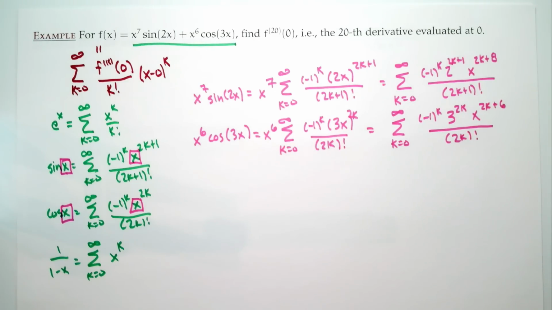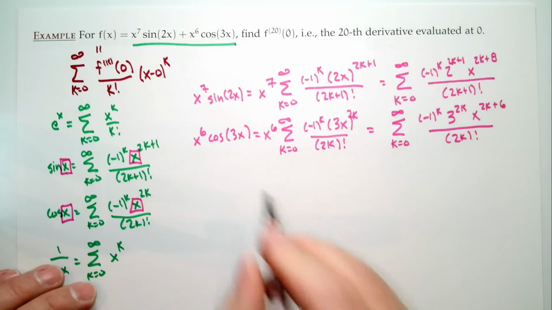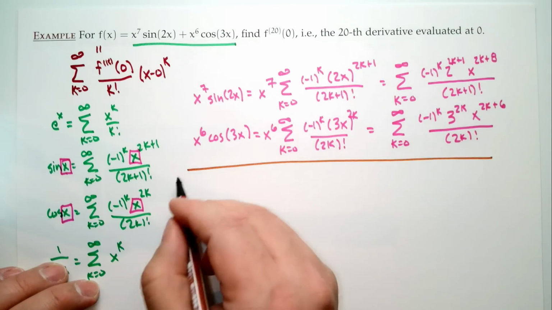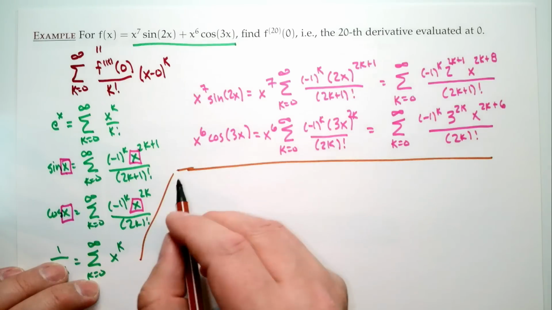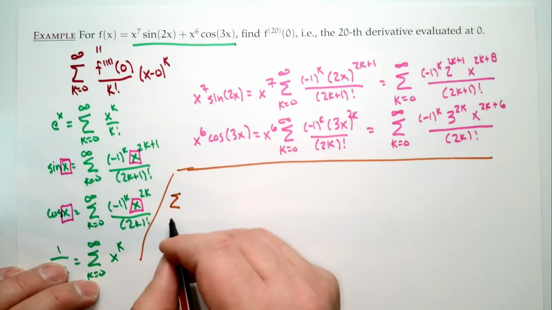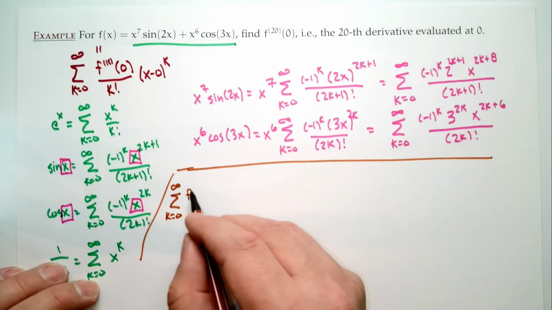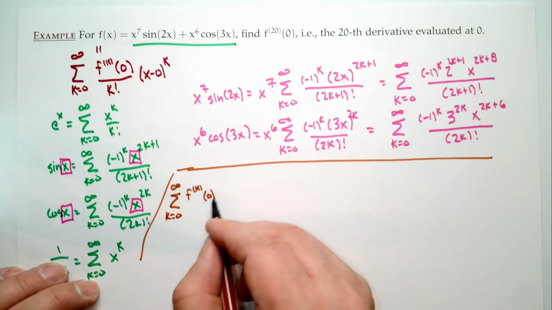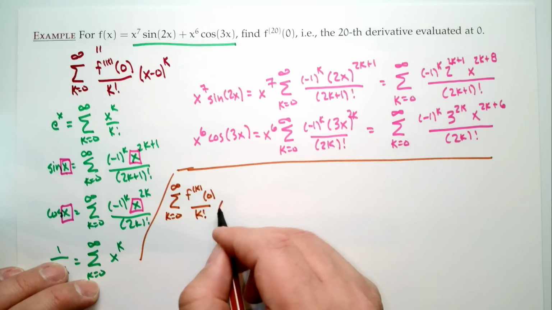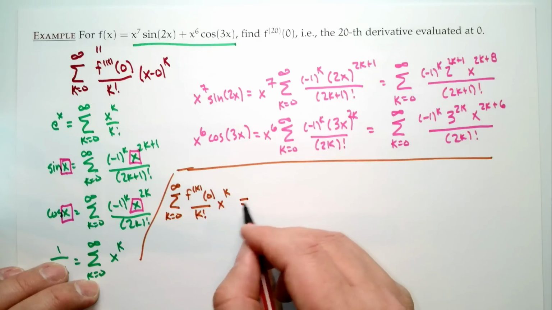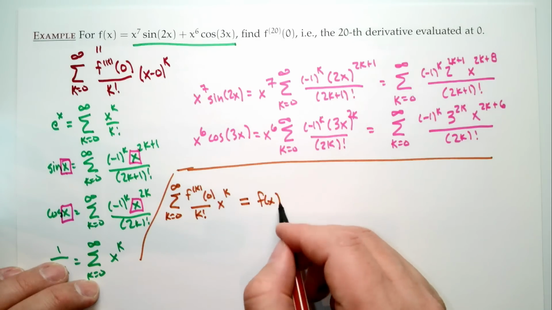All right, where are we at? Well, we now have the following. The basic fact about Taylor series tells us that the sum from k equals 0 to infinity of the kth derivative evaluated at 0 over k factorial x to the k, that's going to be equal to our function f of x.